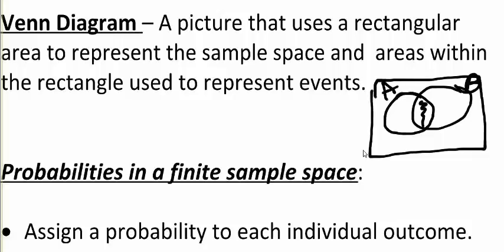And then you also have the parts that are on the outside, out in this area. There could be values that are not in A and not in B, and so those would be included in the outside part of those circles. So that's what a Venn diagram looks like, minus all my scribbles. Okay, so our Venn diagram looks like that. And we'll use some Venn diagrams to help visualize some of our probabilities.